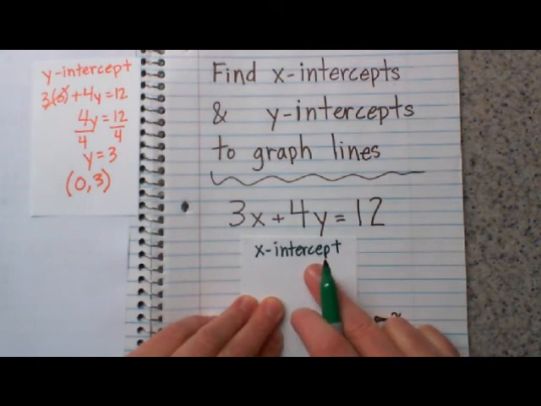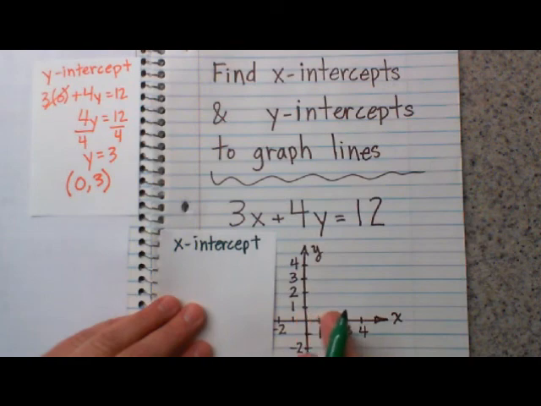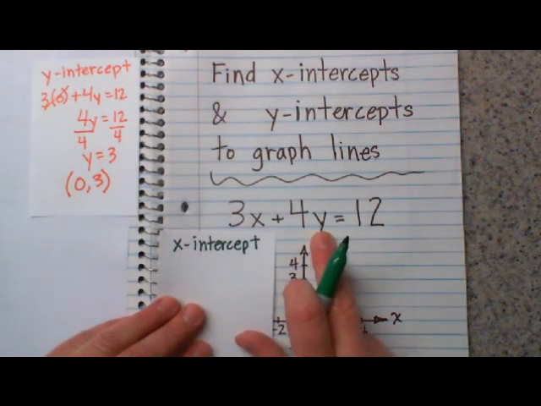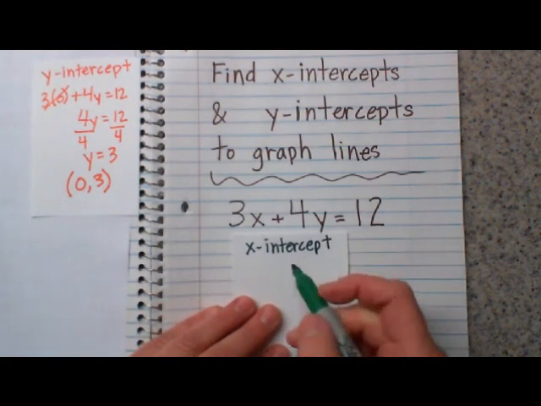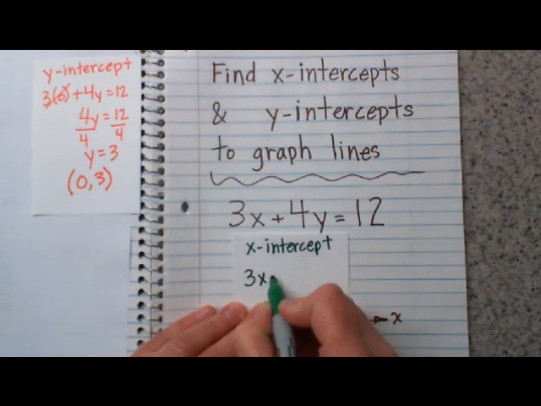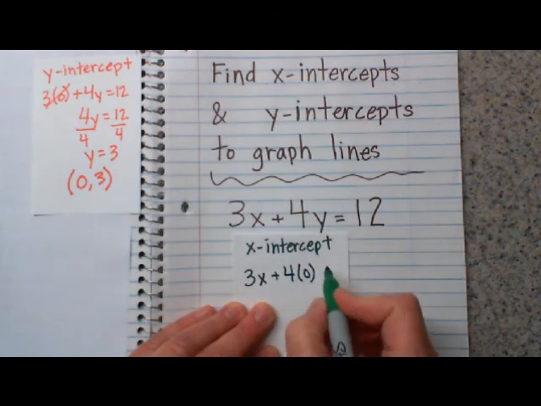The next thing I'm going to do is look for the x-intercept, wherever this equation crosses the x-axis. And if it's going to cross here, it has to be at y equals 0. So I will put in 0 for y. 3x plus 4 times 0 equals 12.